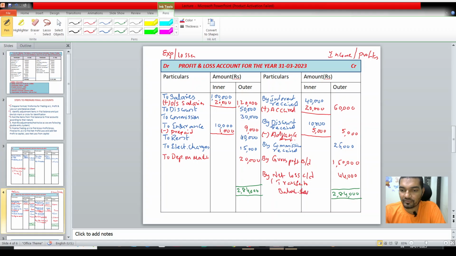Whenever the debit side under the P&L account balance is more than the credit side balance, we get a net loss. If the credit side balance is more than the debit side balance, we get a net profit. So according to this sum, we have got 44,000 rupees as a net loss.